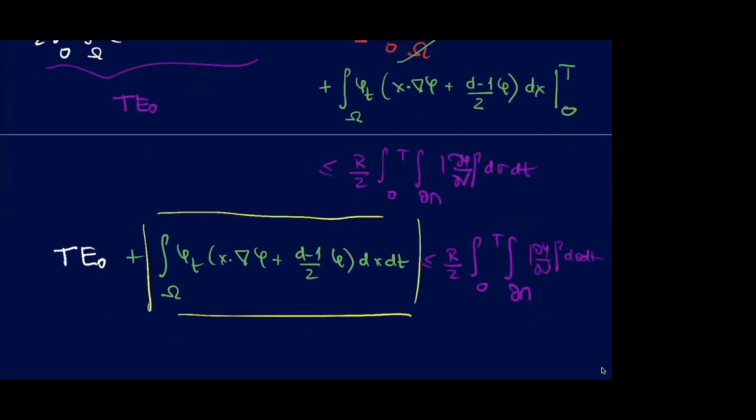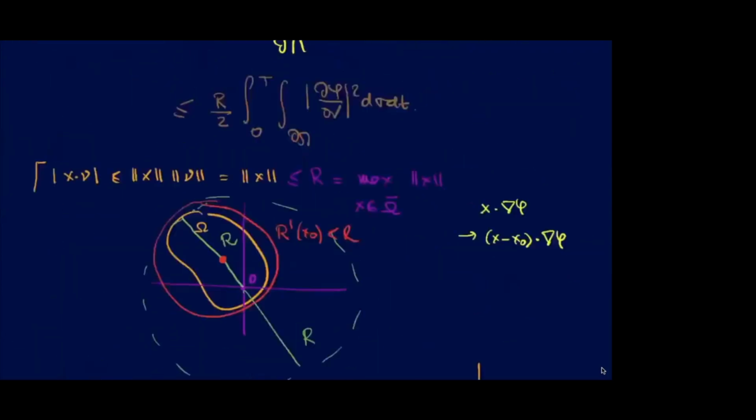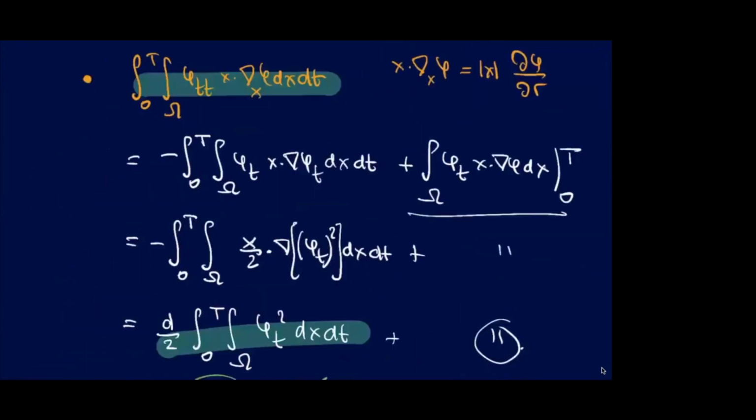So what do I do with it? Of course, it would be great if this term had some sign so that I could guarantee, oh, this term is negative, therefore the inequality is always true. But actually, I don't expect the inequality to be always true. What we have seen yesterday is that, because of the finite velocity of propagation, the energy is bounded by the normal derivative on the boundary only for long enough times. This is what we were discussing earlier this morning when discussing inverse problems.